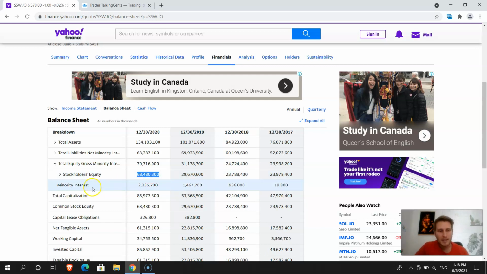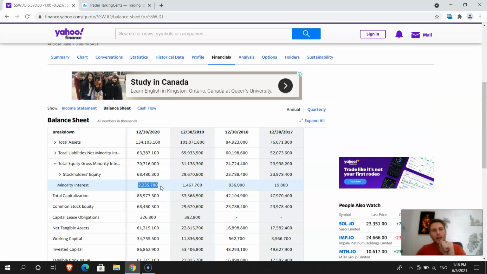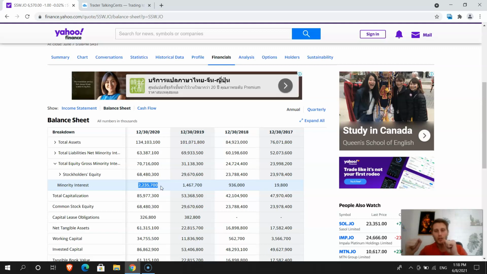You'll see that it says minority interest of 2 billion. So Sibanye is the parent company and they have a subsidiary, right? In that subsidiary, they don't own 100% of it. Maybe an outside company owns 15% of that subsidiary and Sibanye owns 85%. So Sibanye can't add the full value of that subsidiary to their shareholders' equity because that is a minority stake that has 15%.